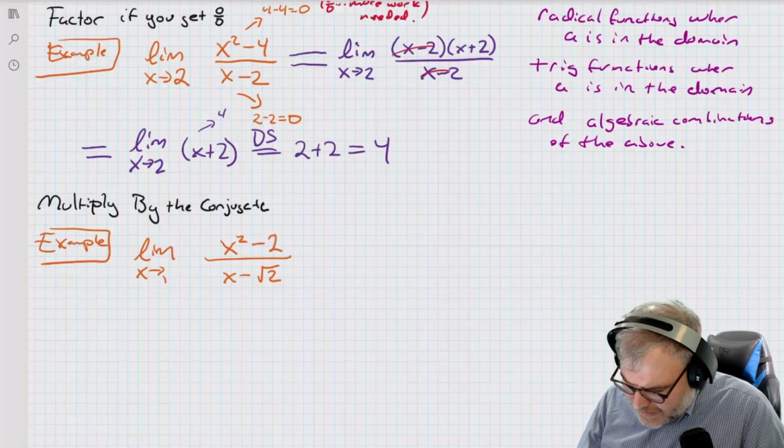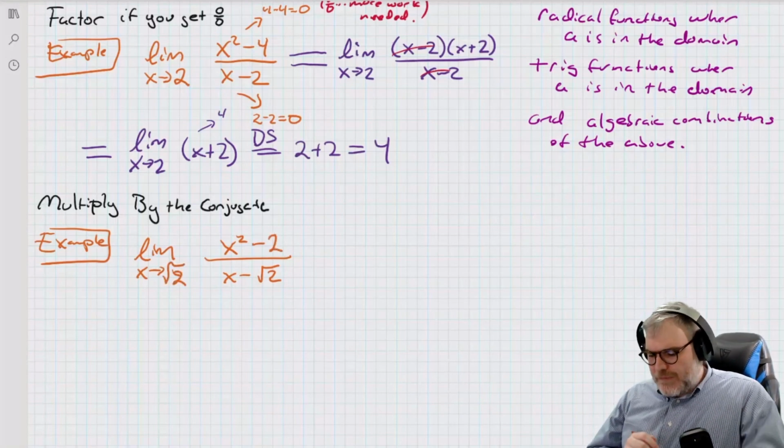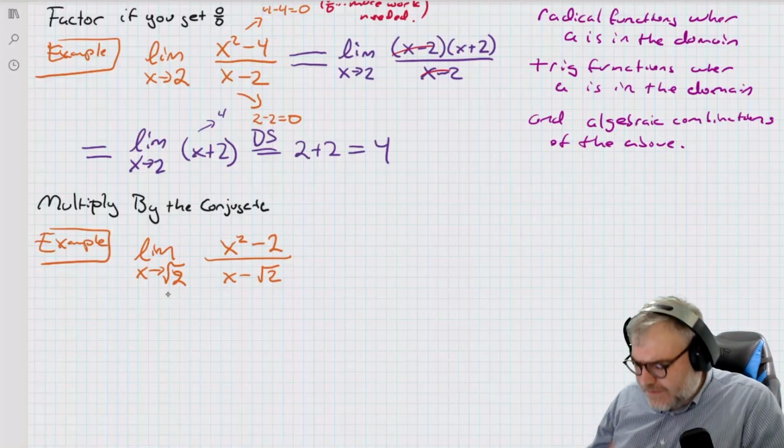And this will be the limit as x goes to the square root of 2. Or we could do the limit, yeah, let's just leave it like that.